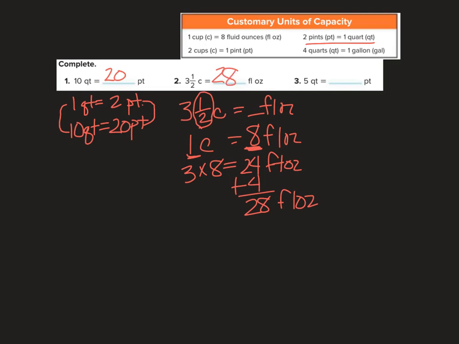All right, let's look at this last one. 5 quarts equals how many pints? 1 quart equals 2 pints.